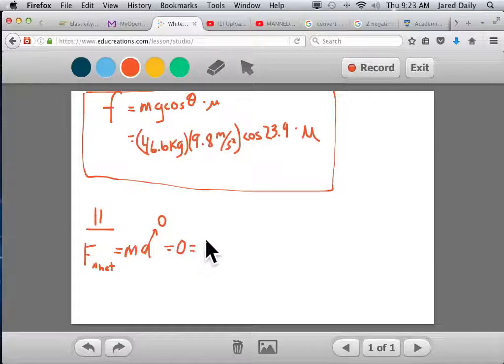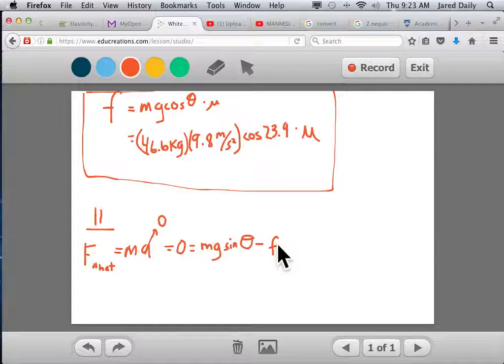What are the forces? Well, we have our mg sine theta pushing it in the positive direction. Then we have friction pushing it in the negative direction. Now for the friction, I'm just going to write it as F because this is going to help me.